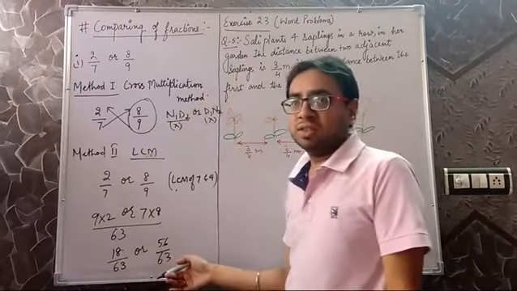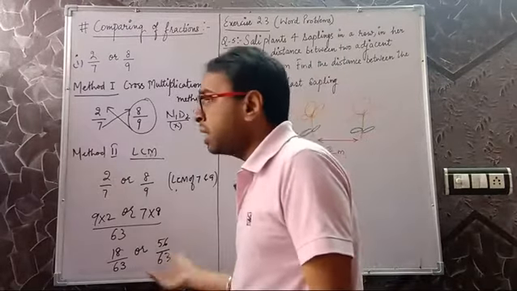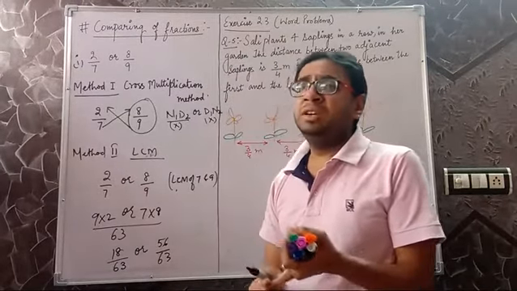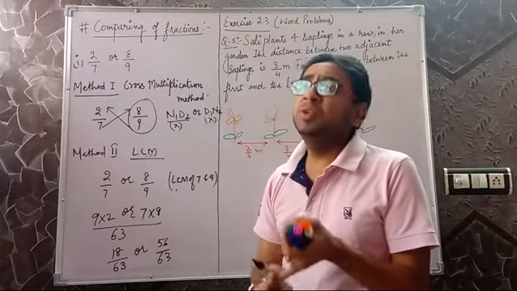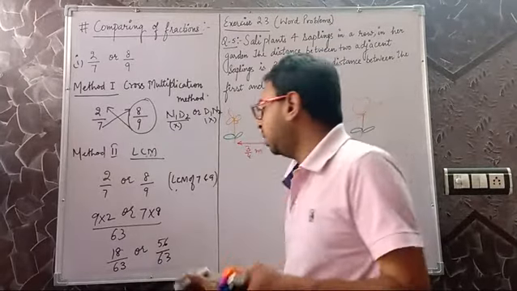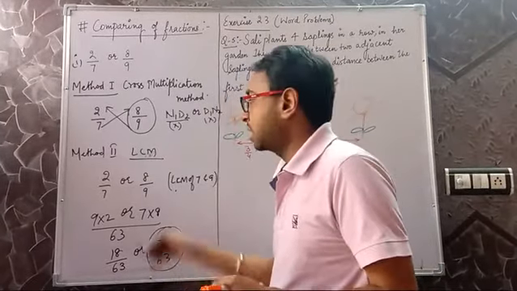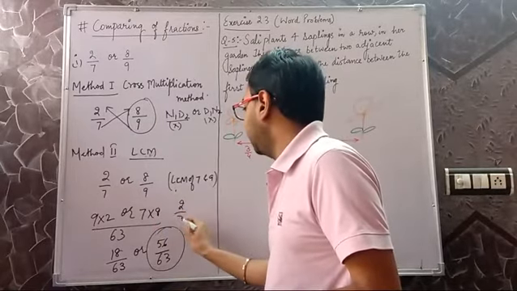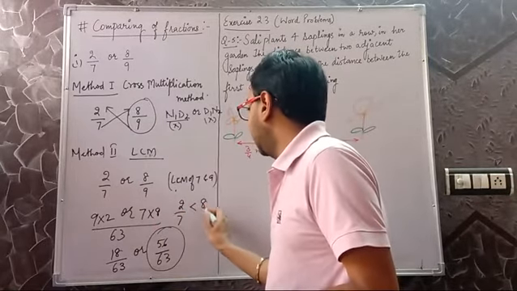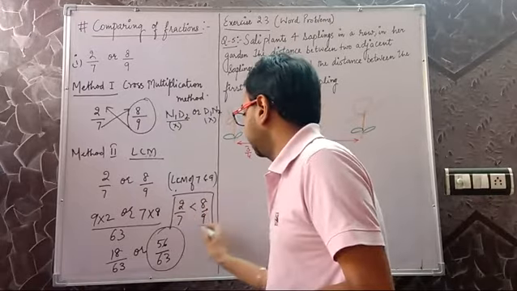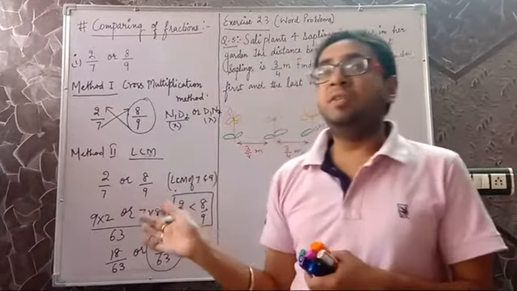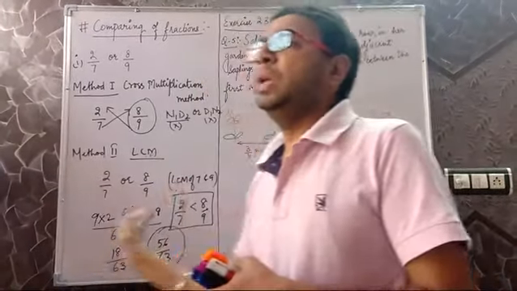They are like fractions, so we can compare them. When the denominators are the same, we look at the numerators. Whichever numerator is bigger will be the bigger fraction. So therefore 2 by 7 is lesser than 8 by 9. Are we clear? This is how we will compare fractions.